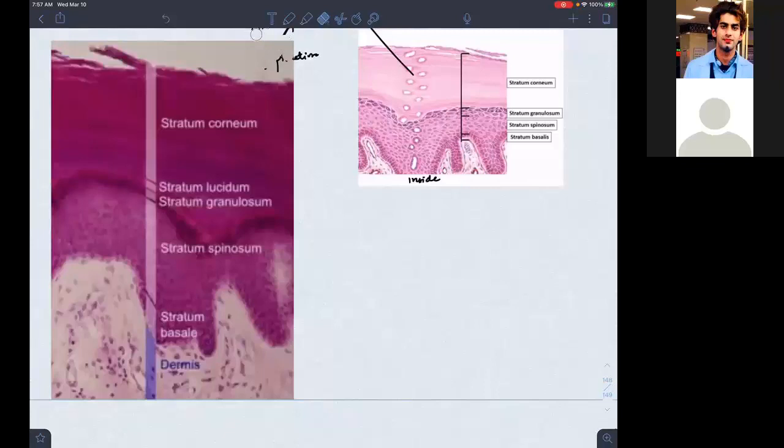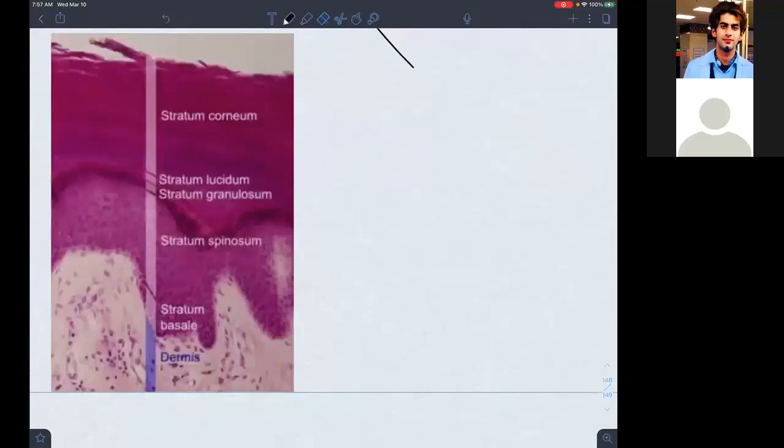Let me delete this. I have to focus here. So can you appreciate that here is the junction? What is this junction? The epidermis is this much, isn't it? This all is epidermis. Are you able to understand, my dears?